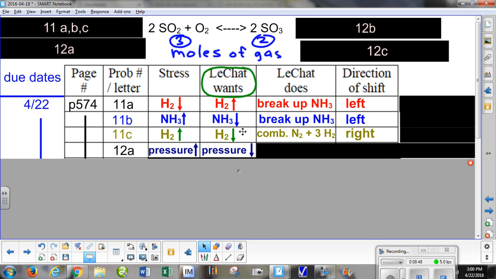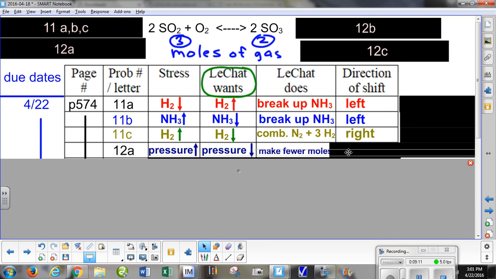What does that do to the pressure? No. You go to the side with more moles to get an increase, because moles are directly proportional to pressure. If you go to the left, you have more moles. If you go to the right, you have fewer moles. That's going to get your pressure down.